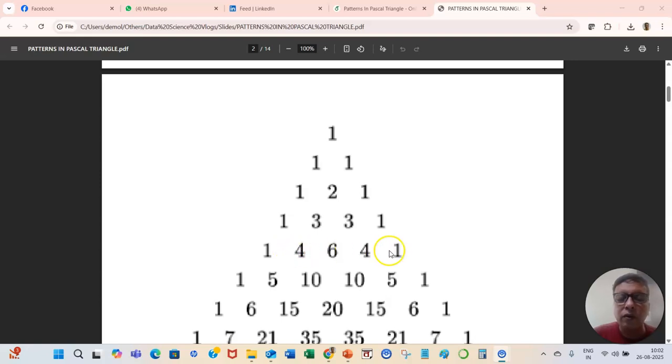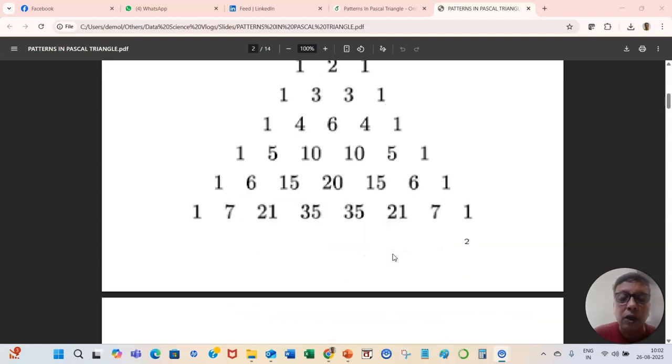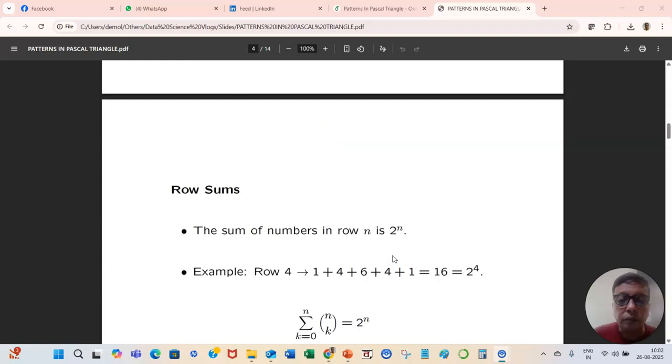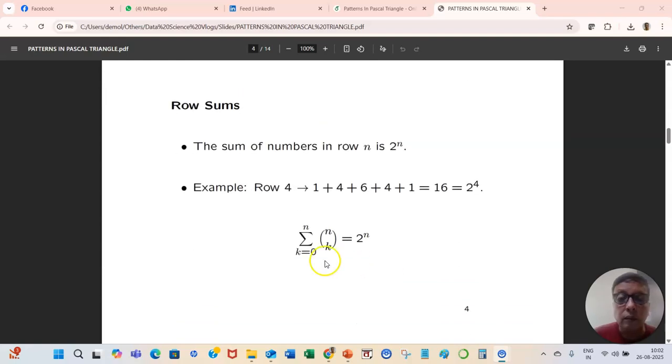These are the binomial coefficients, and the values of a and b are 1 and 1. So this is (a plus b) whole to the power n if you sum the nth row. Summation k equal to 0 to n, nCk is (1 plus 1) whole to the power n, which is 2 to the power n.